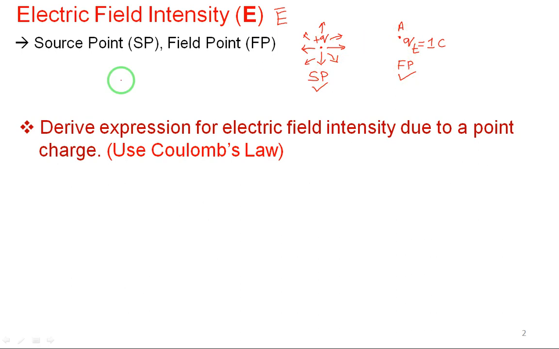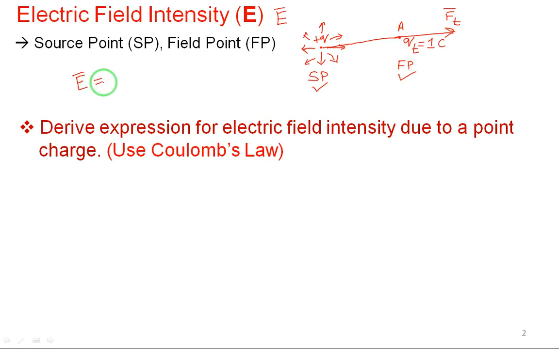Okay. Next, we can define the electric field intensity E as the force acting on a unit positive test charge. Let me assume, right, since it is plus 1, so it is a repulsive force acting on it. Let me call this the force acting on the unit positive test charge. Let me call it Ft, force acting on the test charge Ft, right?